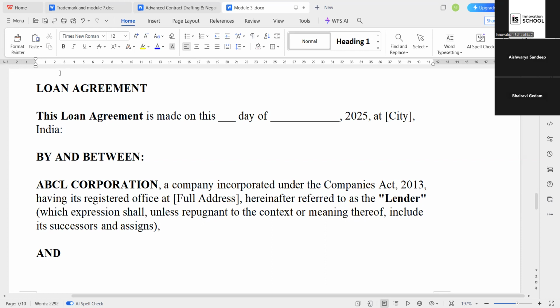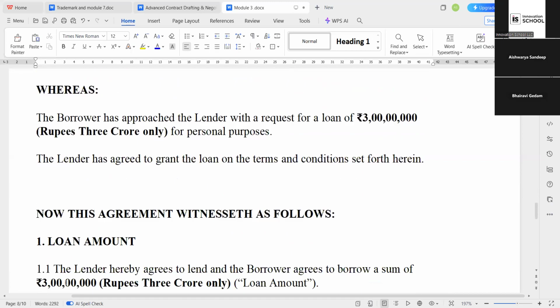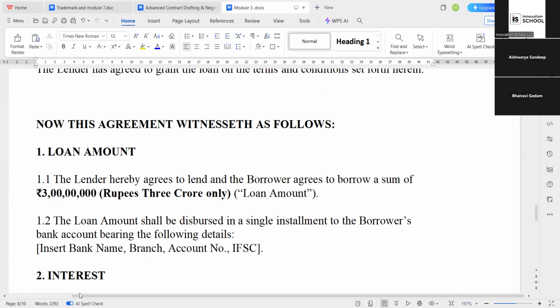So you will state between whom the agreement is entered into, the names of the parties, and how much loan has been asked for and for what purpose. You will say that the lender is going to give a loan of 3 crore rupees, and it will be disbursed in a single installment to this bank account.